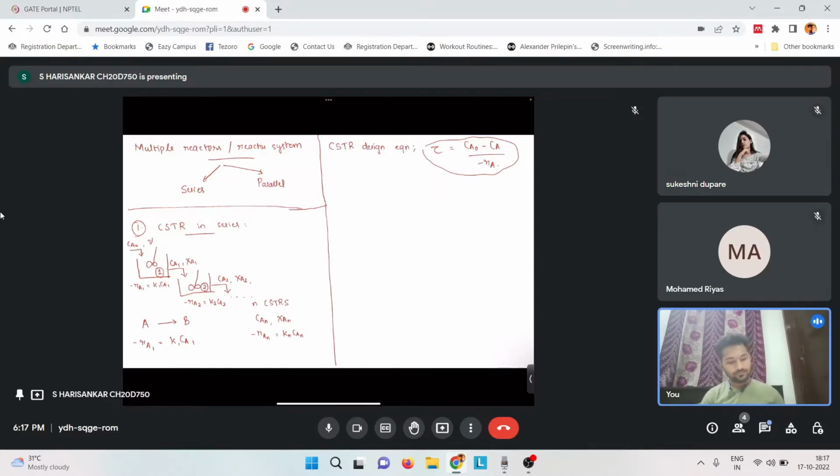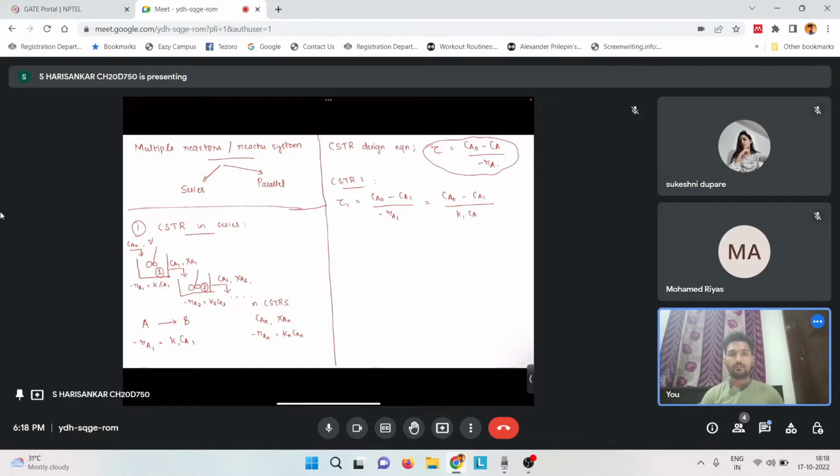So let's take CSTR1. Let's say tau 1 is the space time of the first CSTR. So tau 1 will be Ca0 minus Ca1 by minus Ra1. And if we expand this minus Ra1 as K1 Ca1, it will be Ca0 minus Ca1 by K1 Ca1.